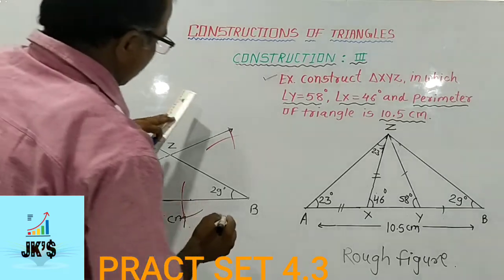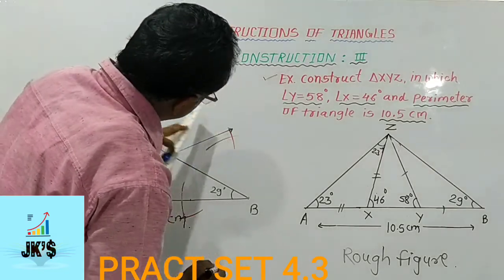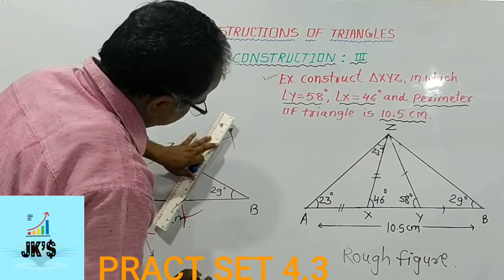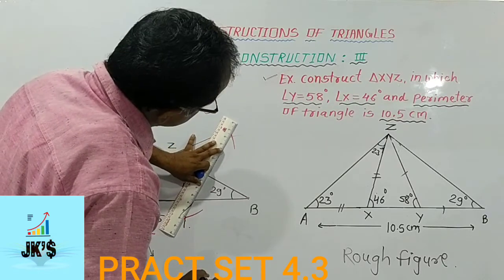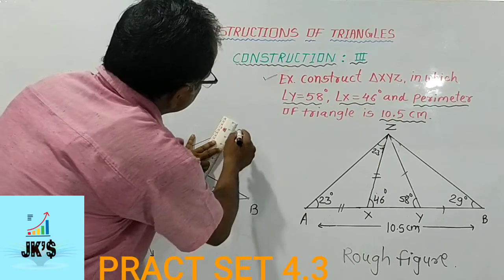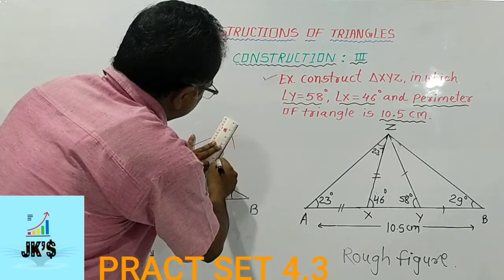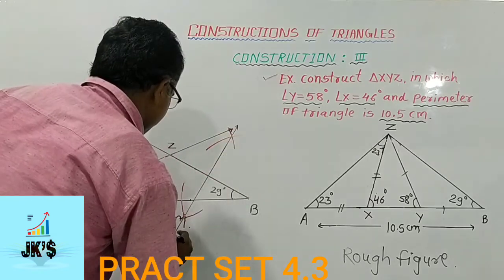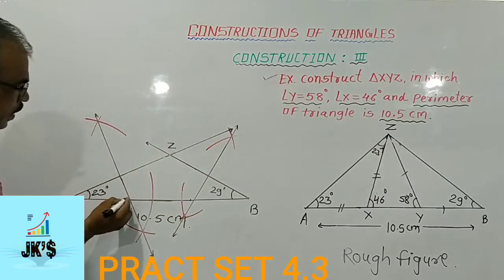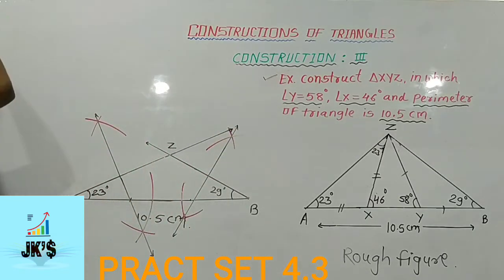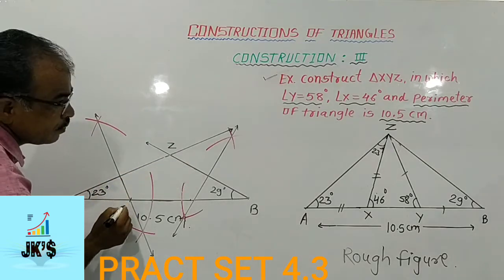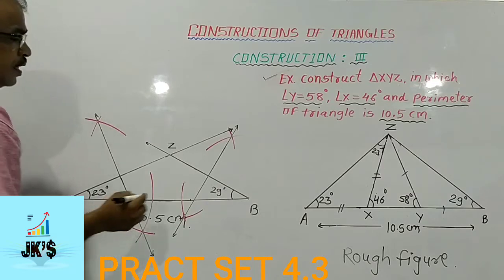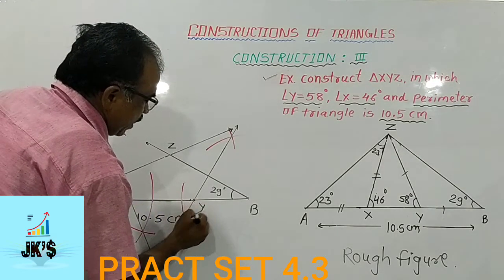Now similarly for the side BZ. This is the point where the perpendicular bisector intersects AB, that is point X, and this is point Y.